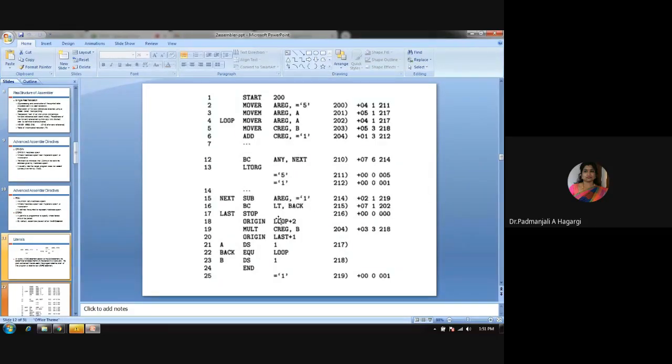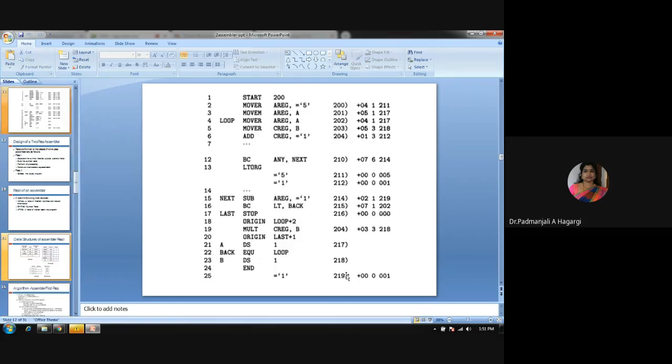The programmer has not declared it using LTORG in the middle of the statements, so by default the assembler has detected that it is to be found at the end of the statement, that is hash 1 here, and has kept the location counter with its next incremental value, that is 219.